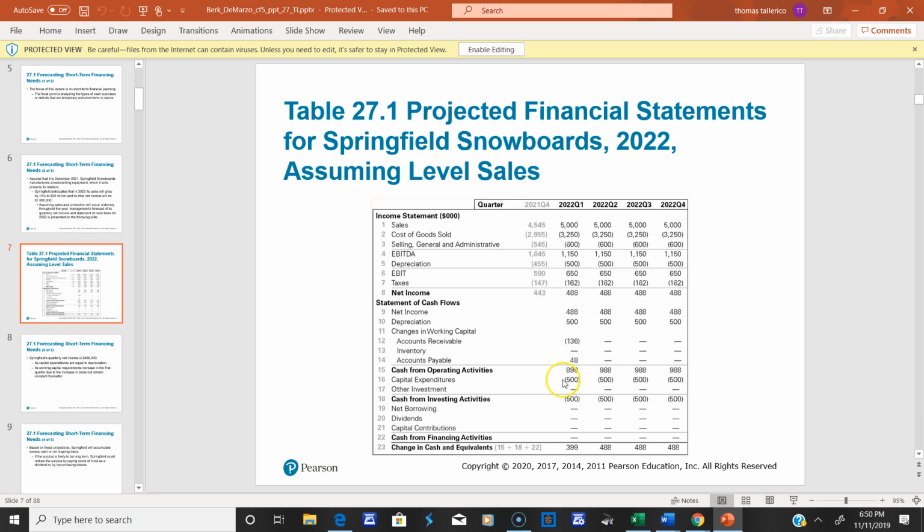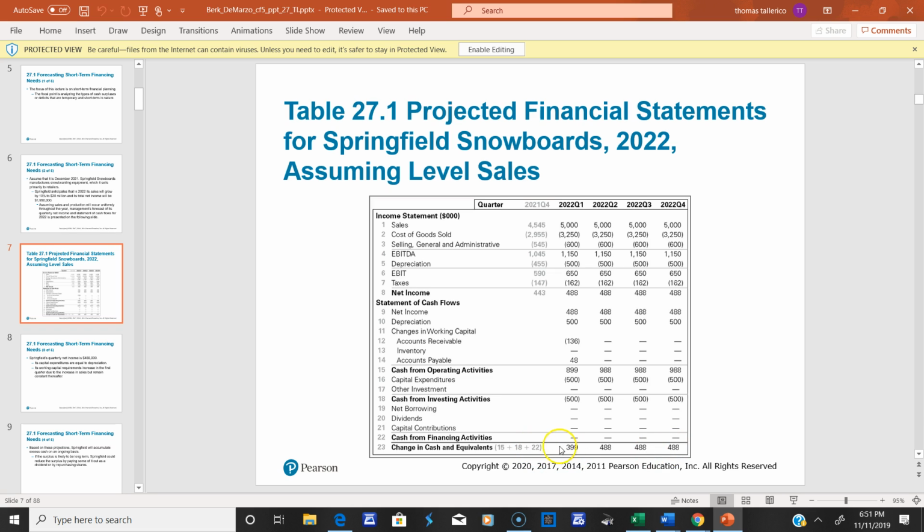Okay, and when we include the capital expenditures, you'll notice that the cash from investing reflects that, and that's negative. So when we take that off, we end up with what cash we have left here. This is positive, you'll see that. 899 minus 500 is 399, and this is 488, and this is 488, so this remained constant at 488.